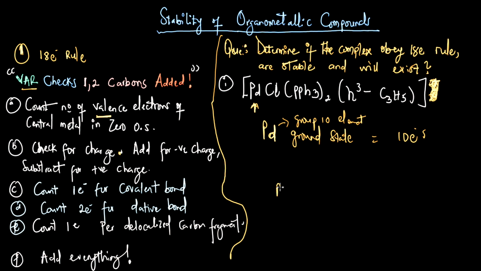So let's say we have Pd, and let's say this is chlorine, and this is phosphorus. The phosphorus is bonded to phenyl groups.